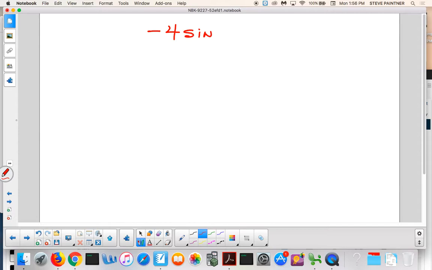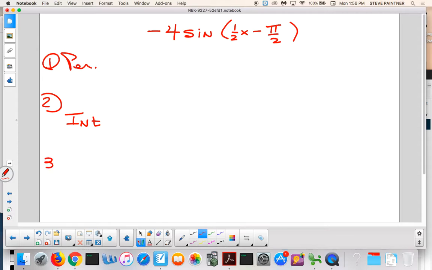I see my time is getting close to the end, but I think we'll get far enough. Find this right away: your period. Find the interval. Find where you start and where you end.